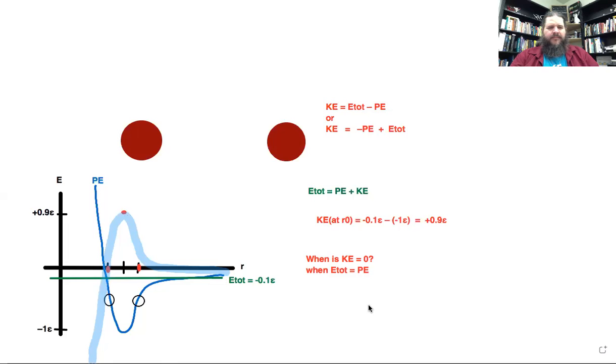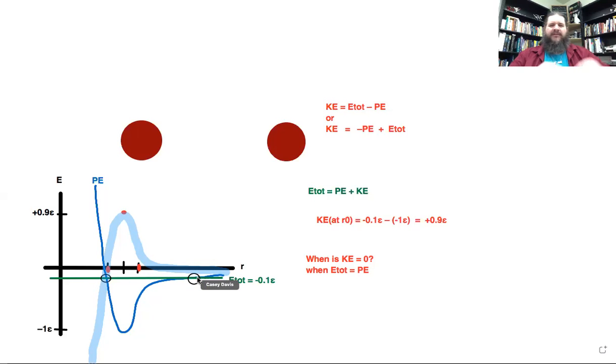Does E total intersect the potential energy graph anywhere? Don't we still have some intersections? Like, looks like right here, potential energy matches E total. And also over here, it looks like there's another match. So it looks like there are a couple of locations still where potential energy meets E total.